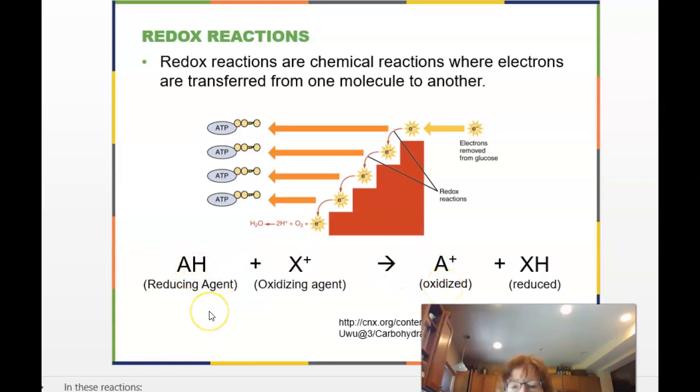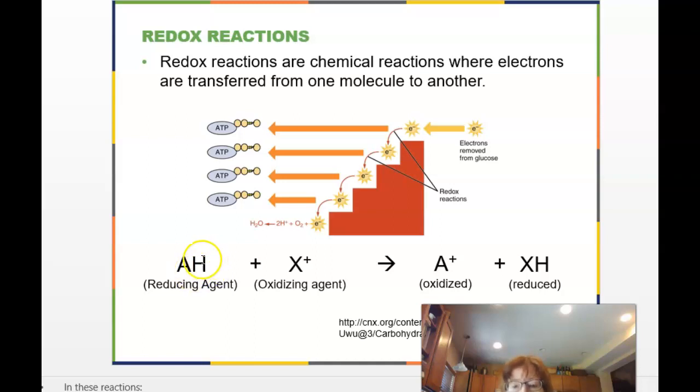So let me back up for a sec. When you're looking to see whether or not electrons are going somewhere, one of the biggest clues is what's happening to hydrogen. Because hydrogen, as you remember, is a proton and an electron.